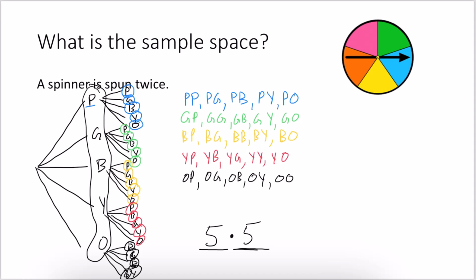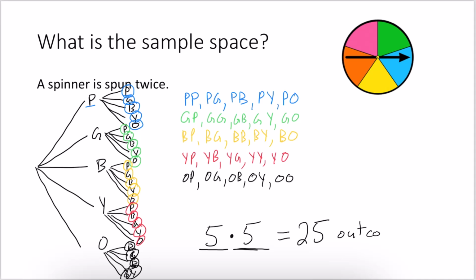And so that's the reason why we multiply these. That calculation tells us that there's 25 possible outcomes, and we can verify that because in our list, we have 25 listed items in our sample space. So that's how you would do a problem like this one.